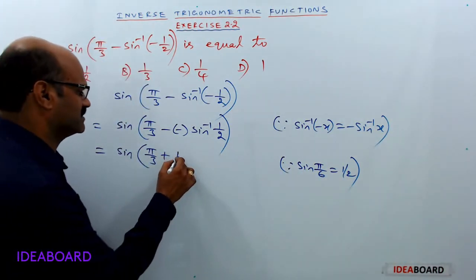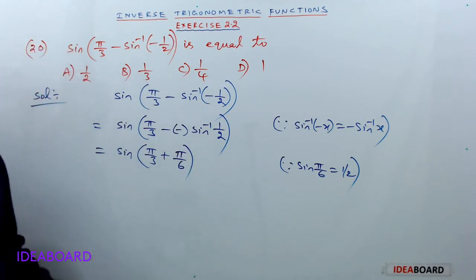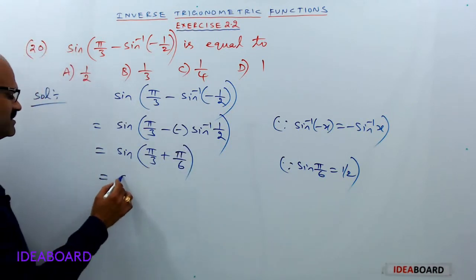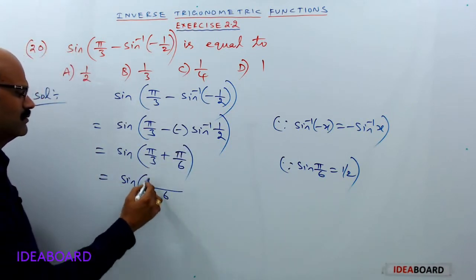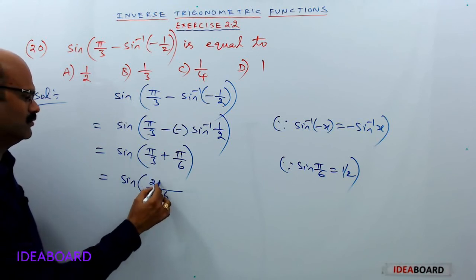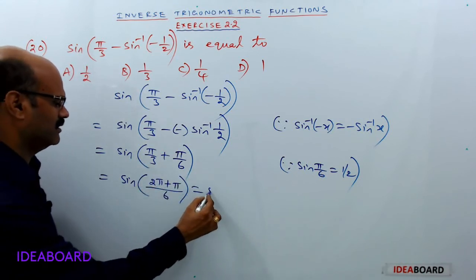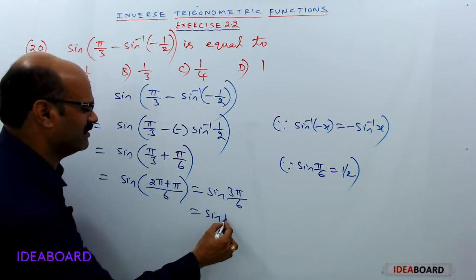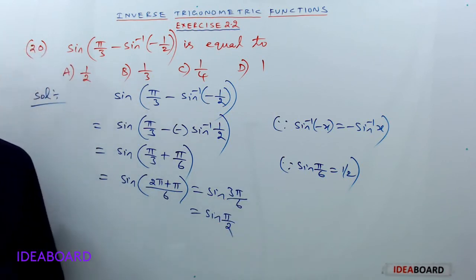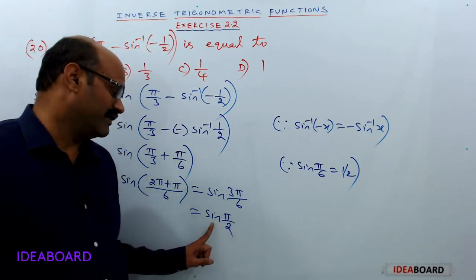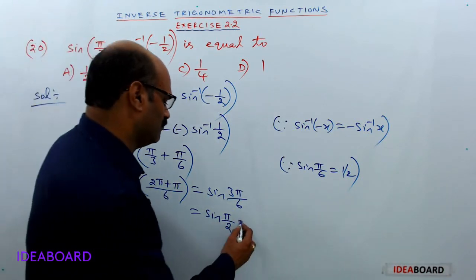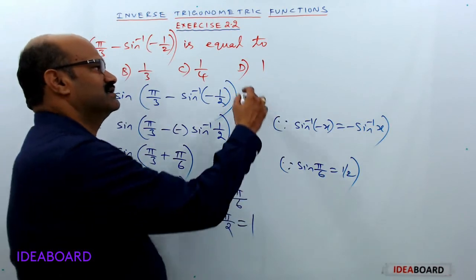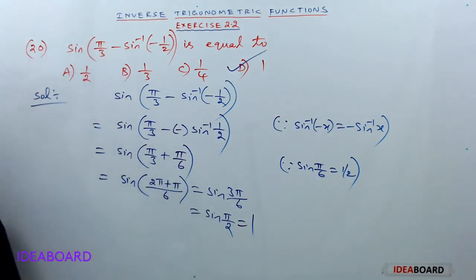So plus pi by 6. Then pi by 3 plus pi by 6 equal to 2 pi plus pi, equal to sine of 3 pi by 6 equal to sine of pi by 2. Now the value of sine 90 equal to 1. So option D is the correct answer.